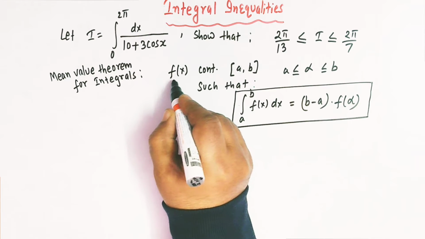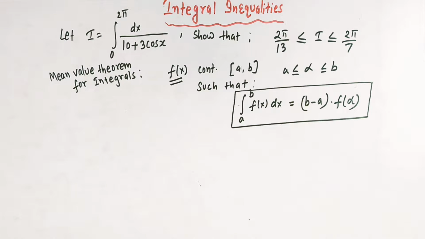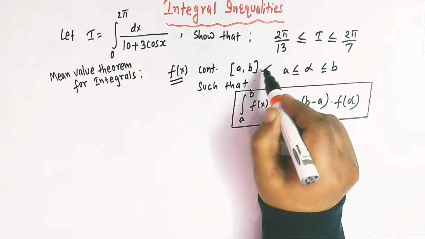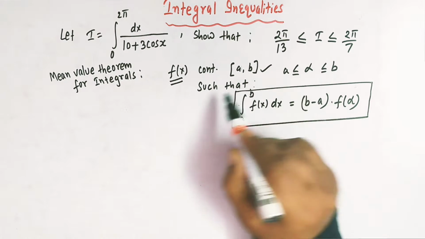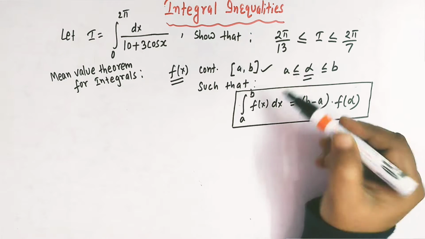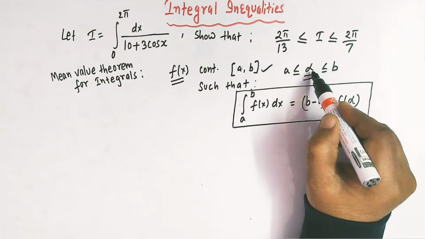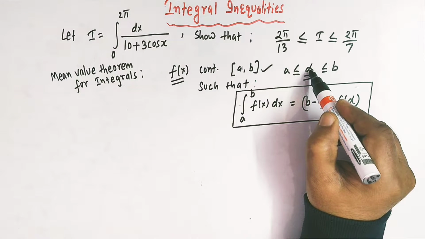So this is the statement of the mean value theorem for integrals. Here we have a function f of x which is continuous in this interval, and then we must have some number, say alpha, or we can denote this number by some other letter, such as c.